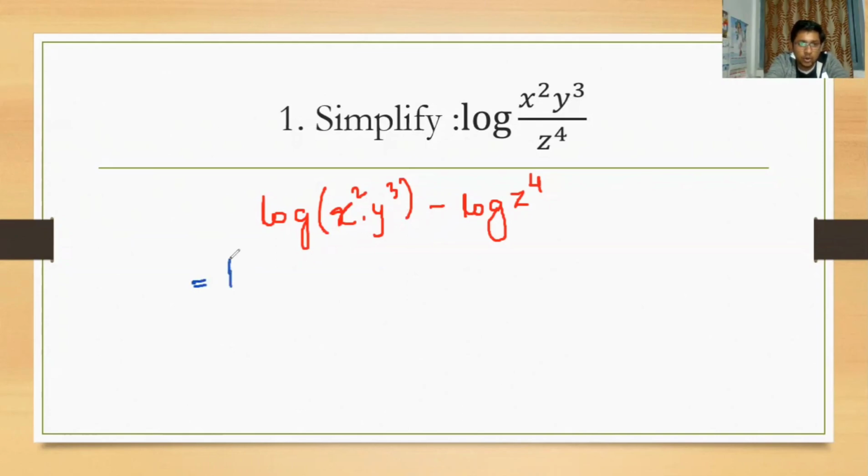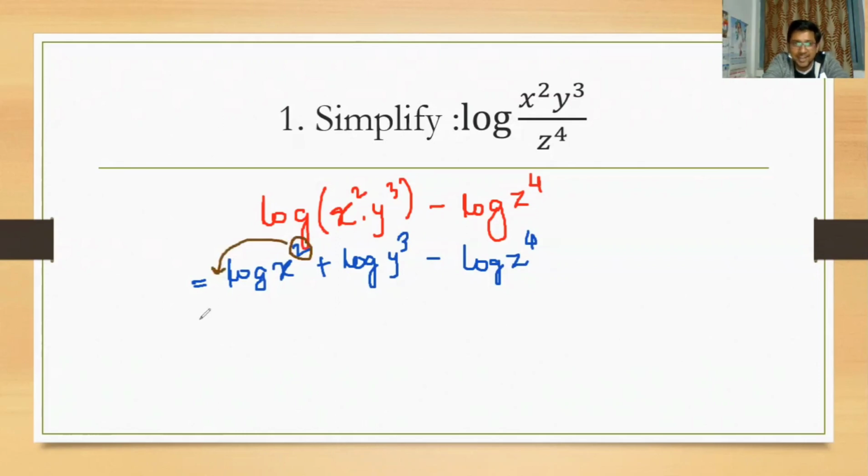So log of x square, plus log of y cube, minus log of z to the power 4. Now the next interesting part: can I simplify it more? I think I can. There's a 2 in the power, and whenever there's a power, this power actually comes in front.